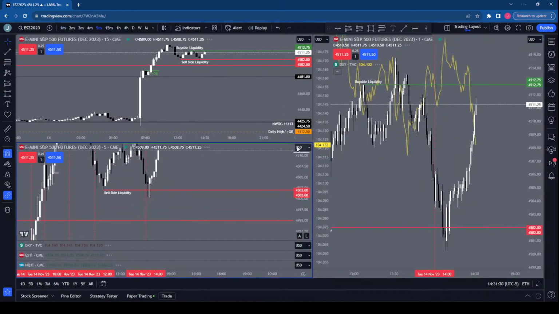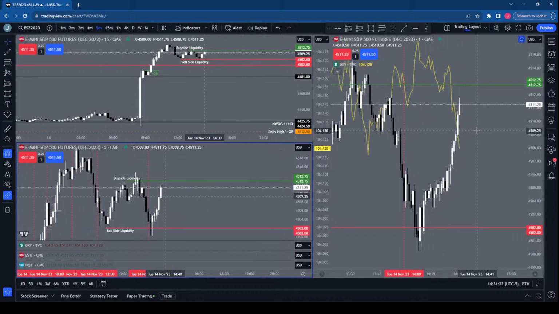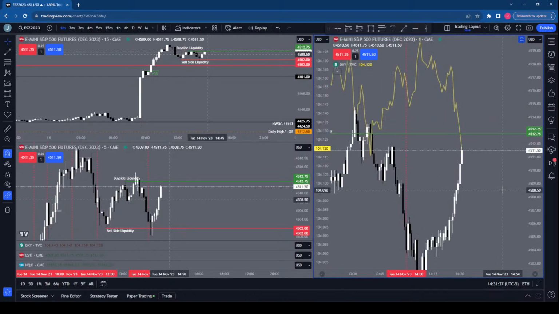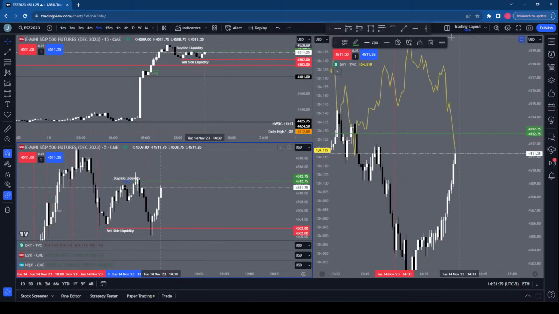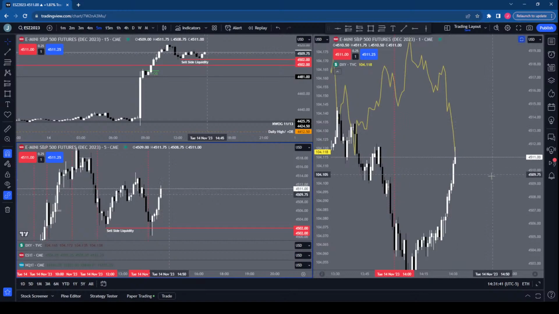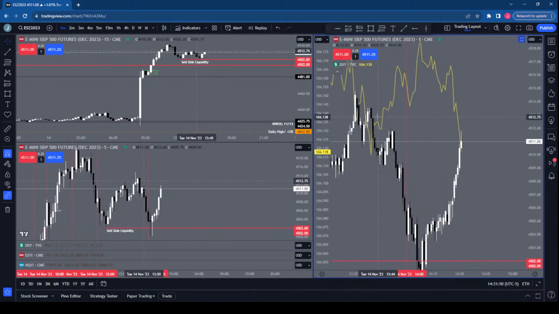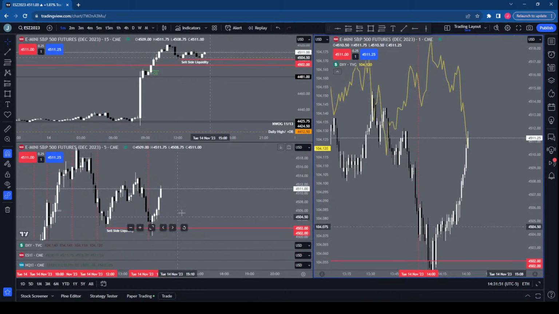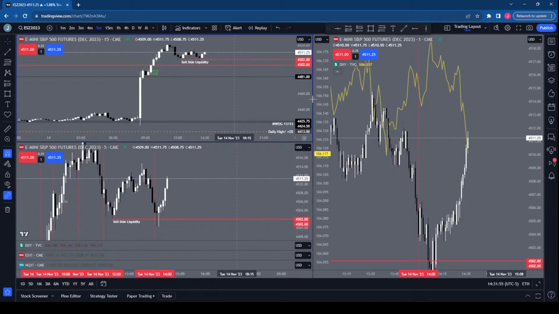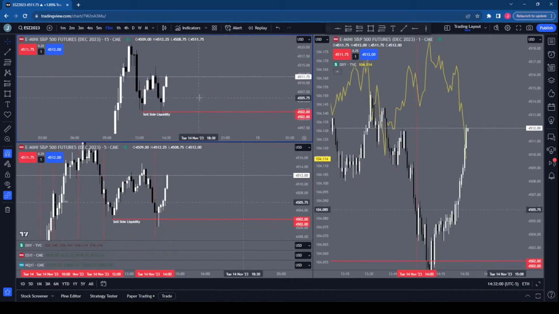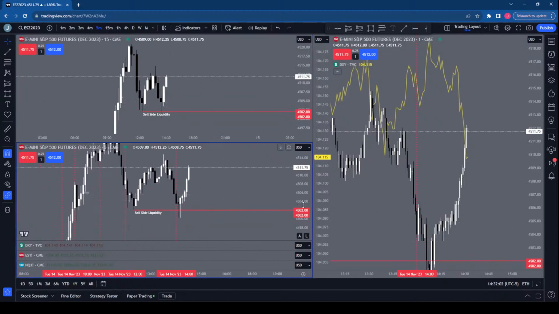I kind of like what ES is doing. I like the idea of it getting above this swing high. Gonna delete that for a second. If we get above this swing high, you can use it as a 5-minute breaker. Yeah, you can see the bodies on ES.